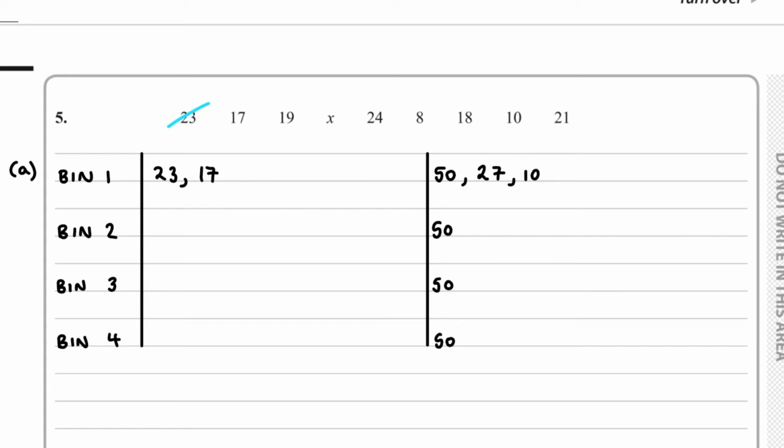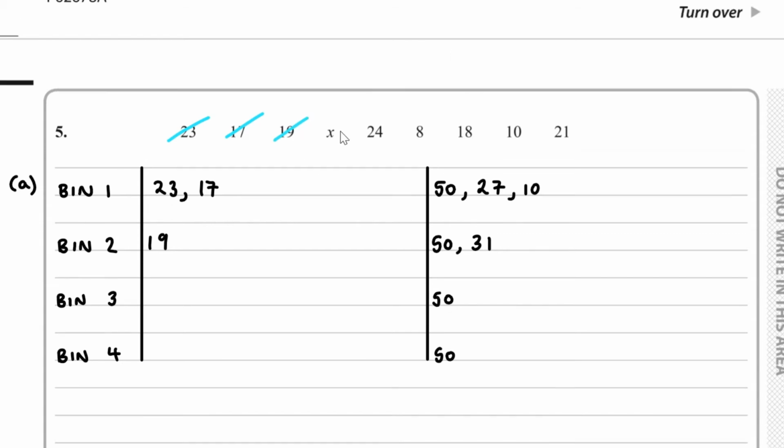Let's just cross this out. Then we've got the 19. Well, there's not enough space in bin 1, so we have to place it into bin 2. So 19 goes here, and the space left over then will be 31. So let's cross off the 19.